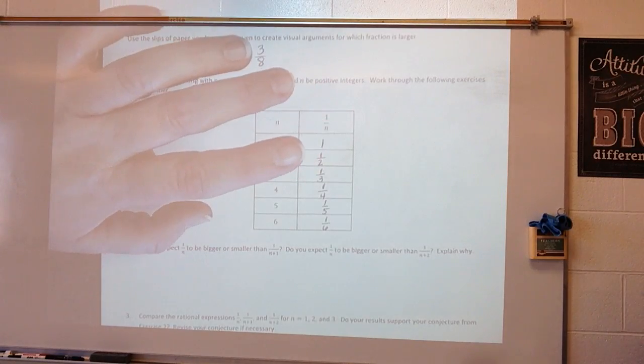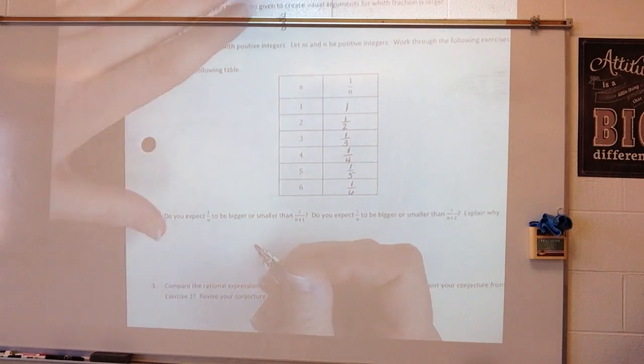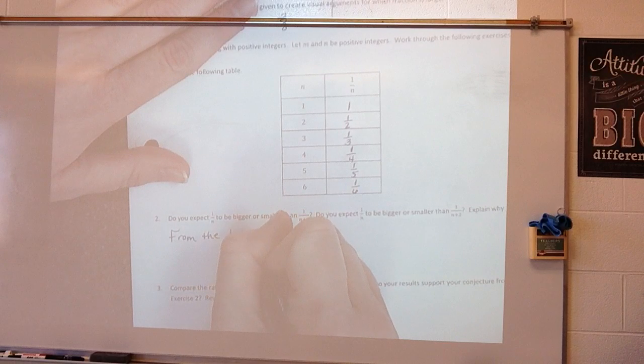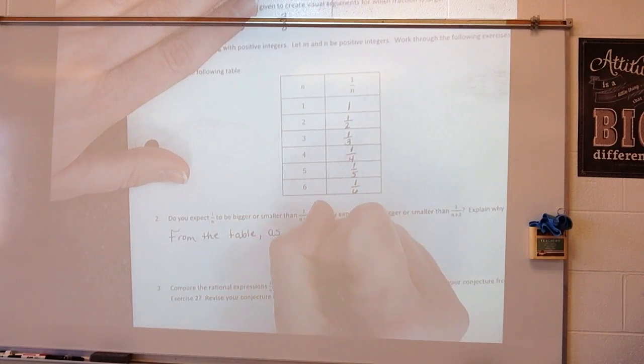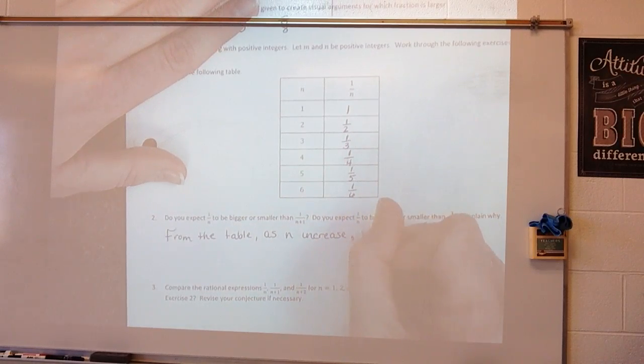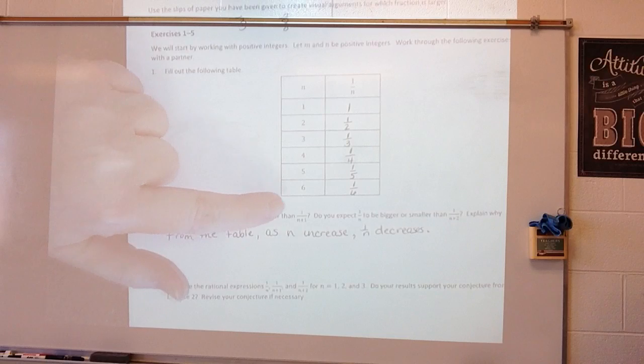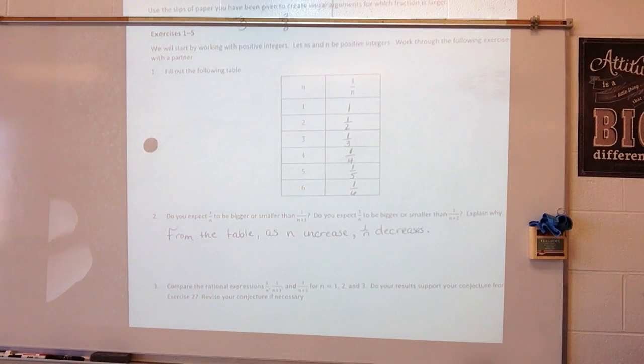So from the table, as n increases, 1 over n decreases. Okay? So then let's think about this. Do I expect 1 over n to be bigger or smaller than 1 over n plus 1? So if I add 1 to n, then I'm going to end up getting a smaller number.